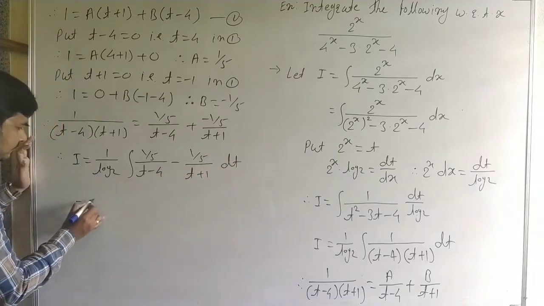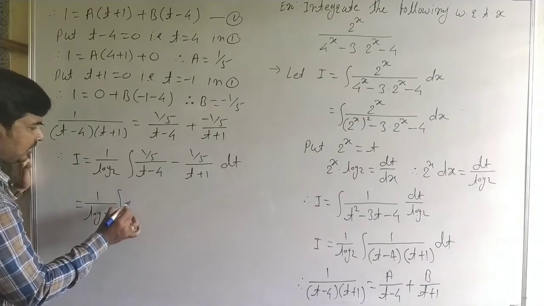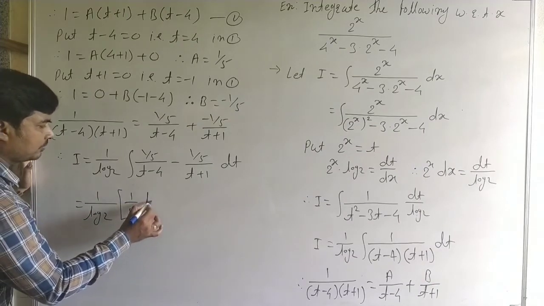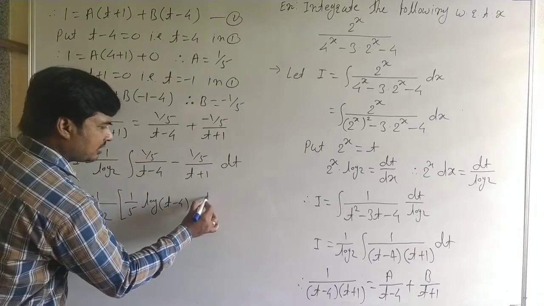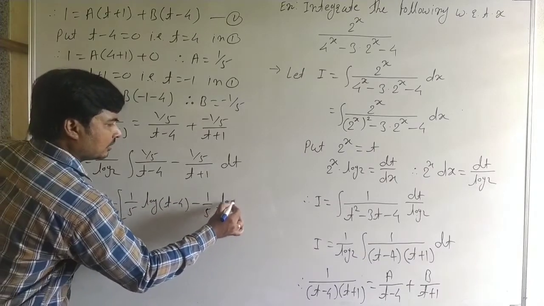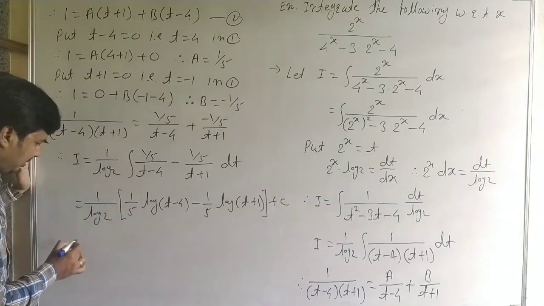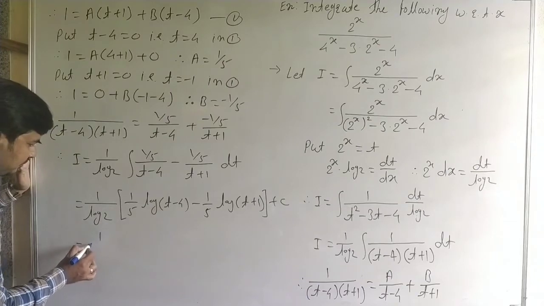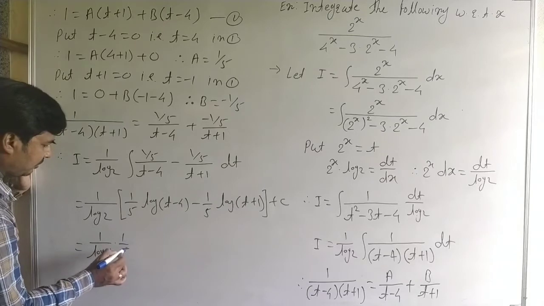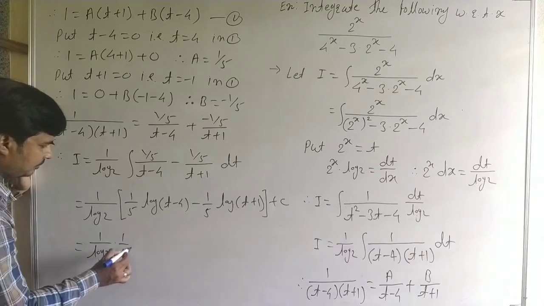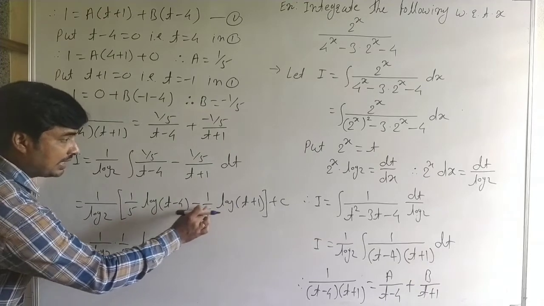Now it is 1 by log 2. See carefully. Here it is 1 by 5 log of t minus 4 minus 1 by 5 log of t plus 1 plus c. Take this 1 by 5 common: 1 by log 2 into 1 by 5 into log of t minus 4 minus log of t plus 1.